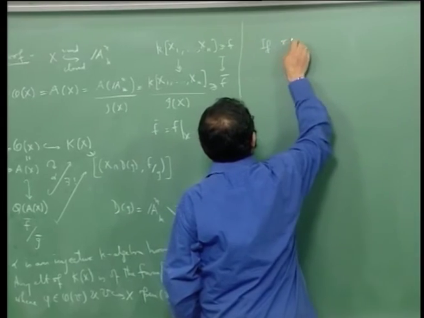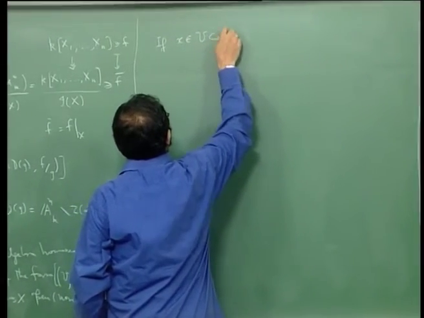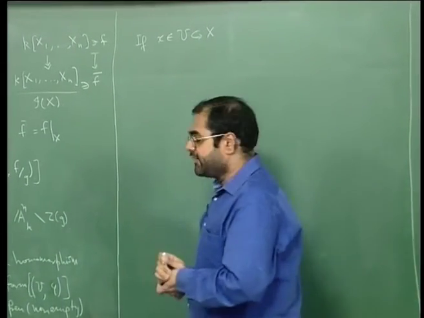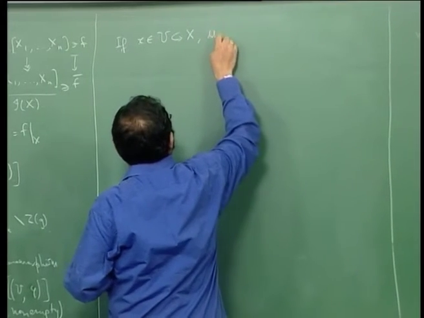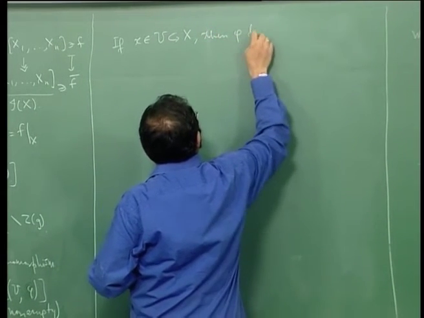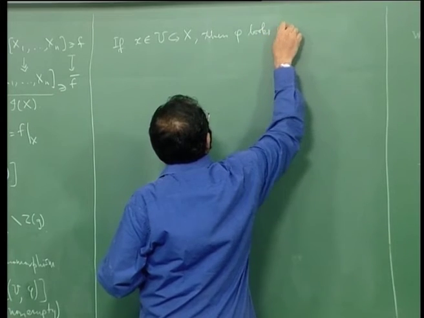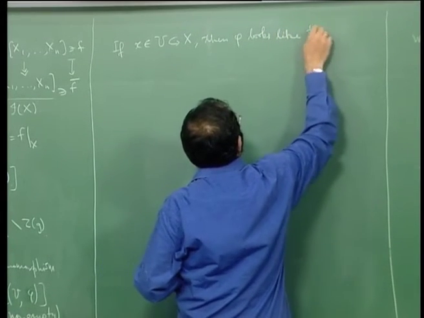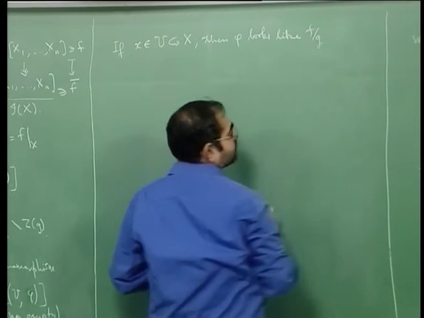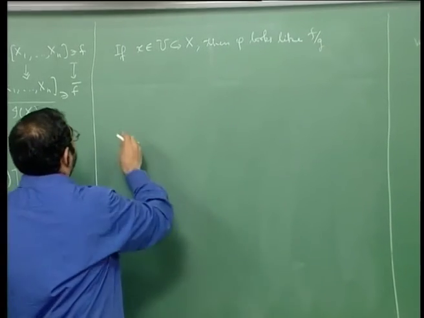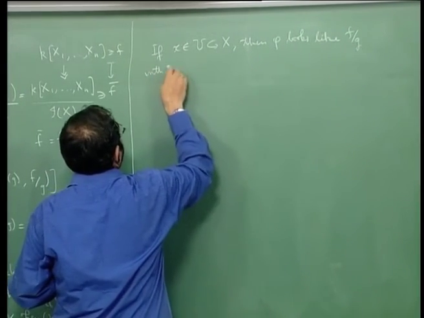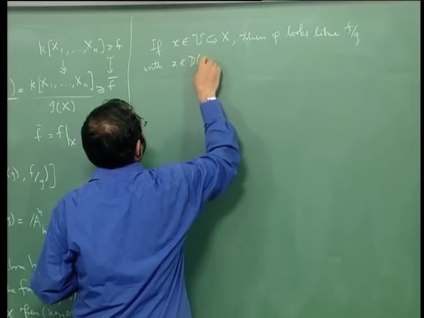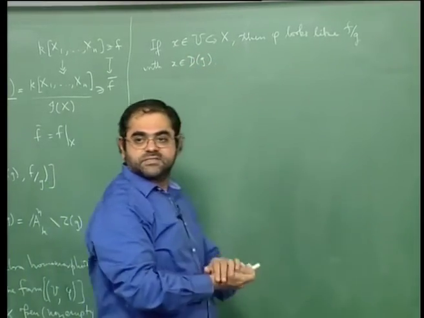So if small x is a point of U inside X, okay, then phi looks like f by g, right, with x belonging to Dg. I mean, this is how a regular function is defined.